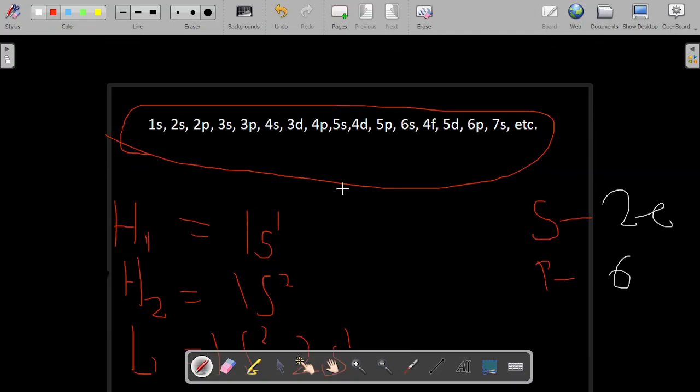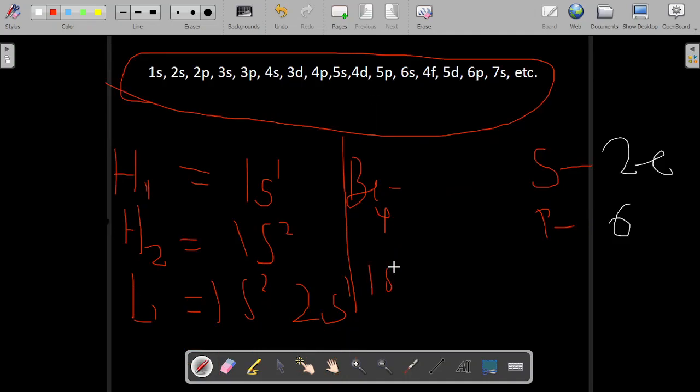For beryllium, which is 4, we have 1s2, 2s2, because the 2s orbital can still contain 2 electrons. So here is the electronic configuration of beryllium.